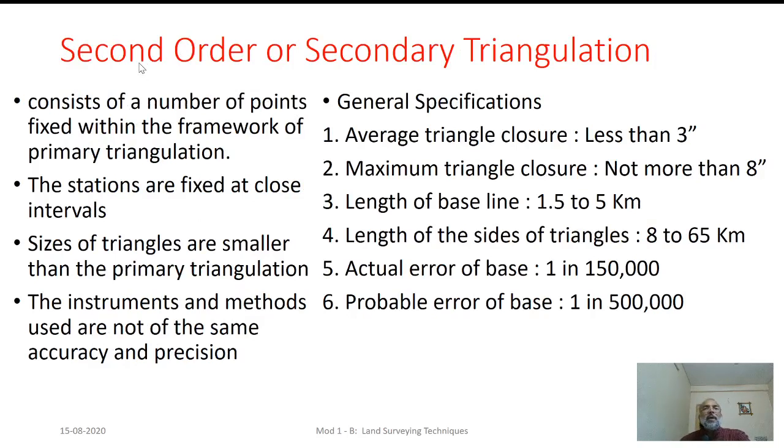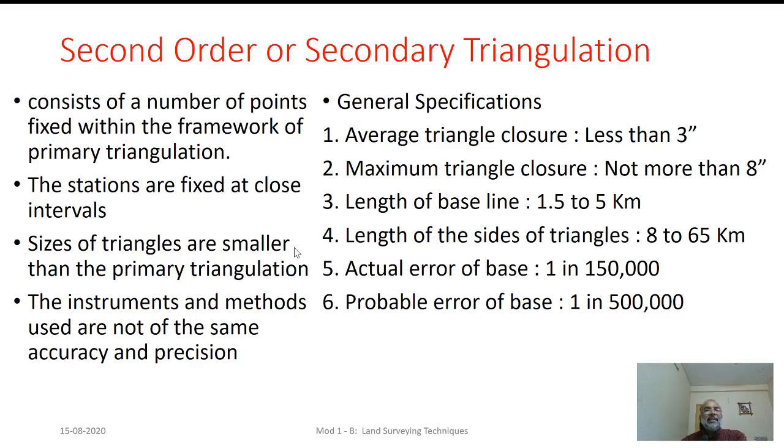We can think of second order or secondary triangulation through this concept. It consists of a number of points fixed within the framework of the primary triangulation, the way we discussed on the previous slides. The stations are fixed at closer intervals.